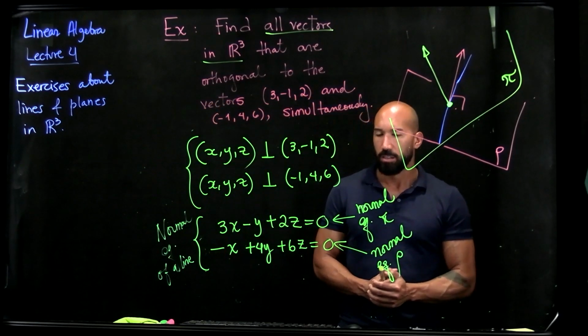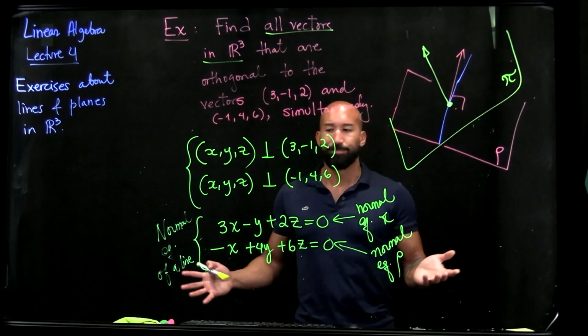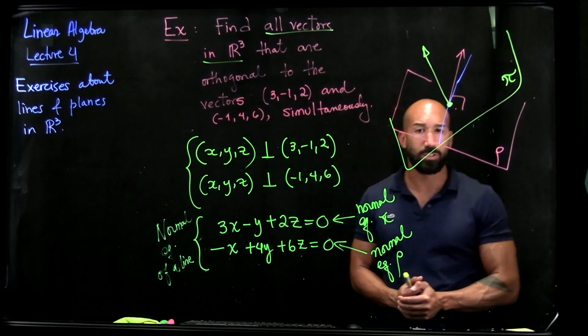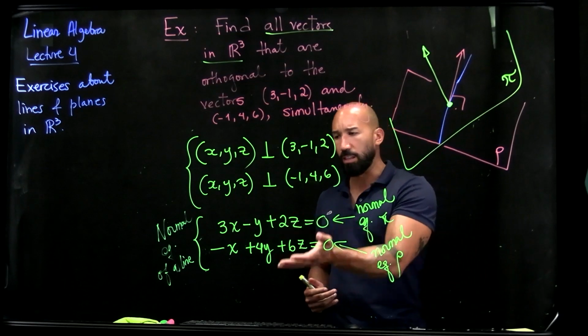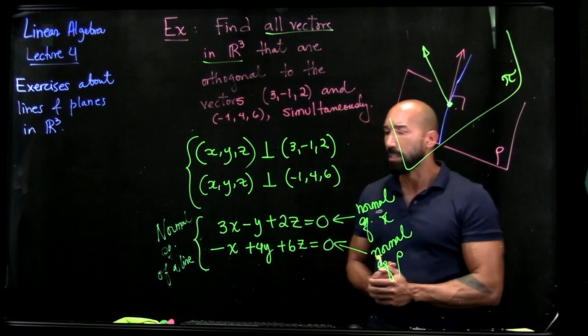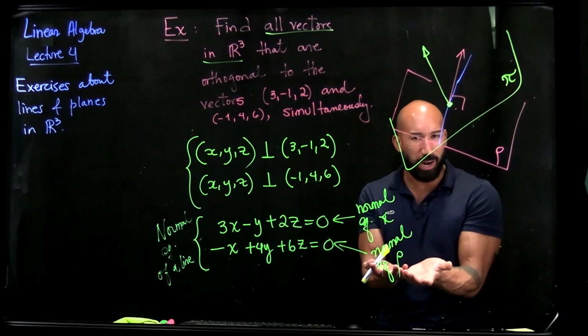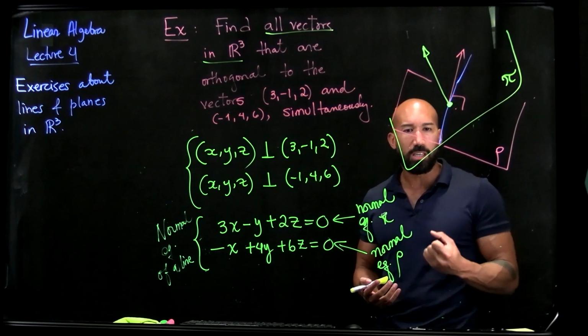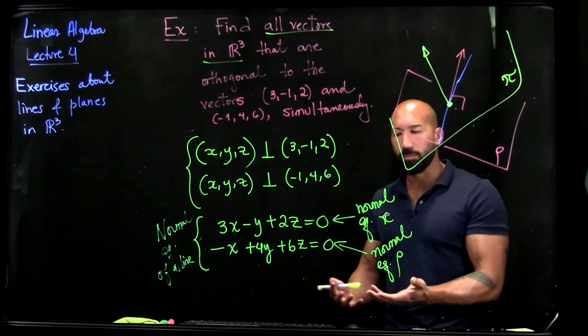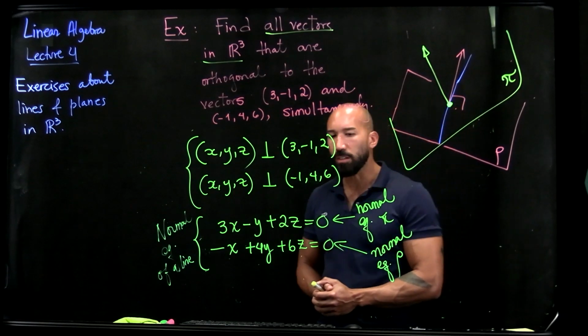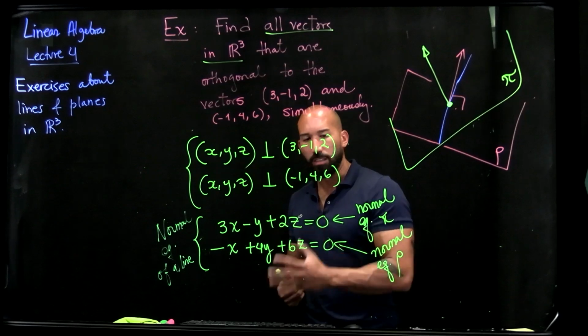Is it okay? Or again, let's say that I don't like this normal equation, this system of equations. I want the parametric equation that seems to be a little bit easier to generate points on this line.